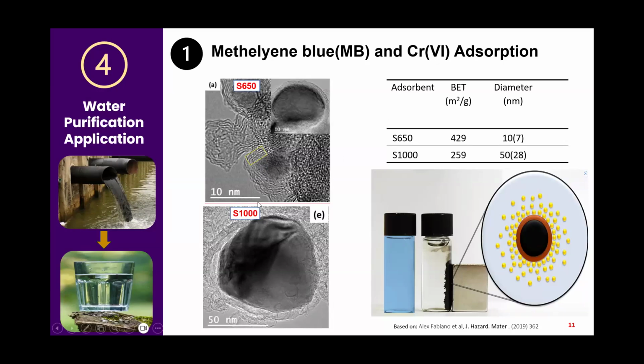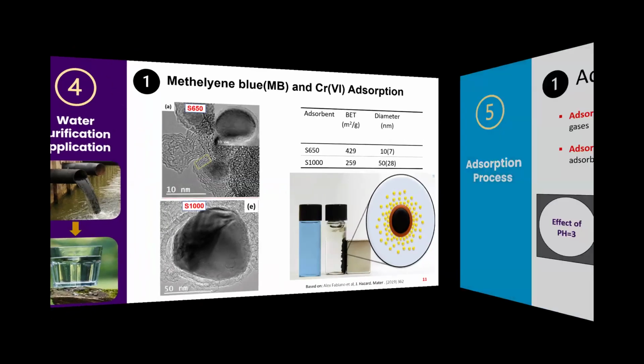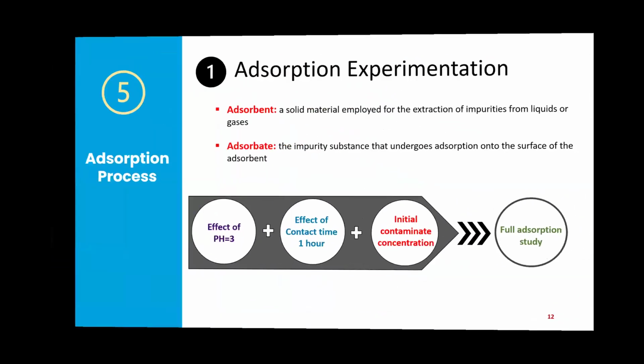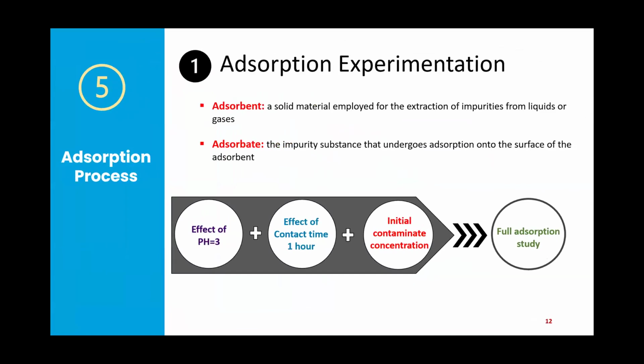We began the experiments of adsorption application. There are different important parameters for this experiment, like the pH, the time needed for saturation, and the concentration of the contaminant that the material can saturate.